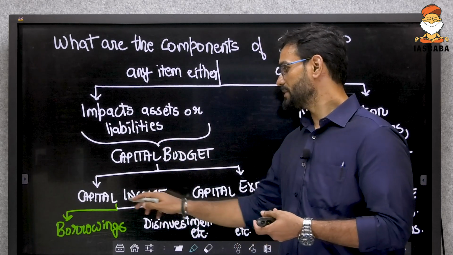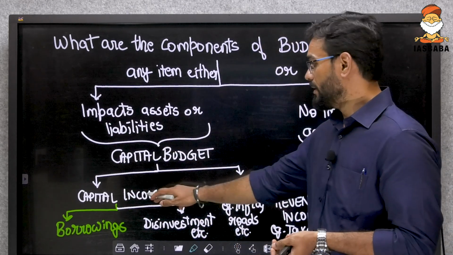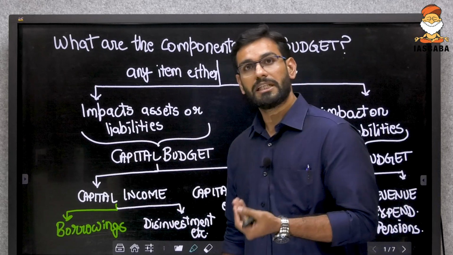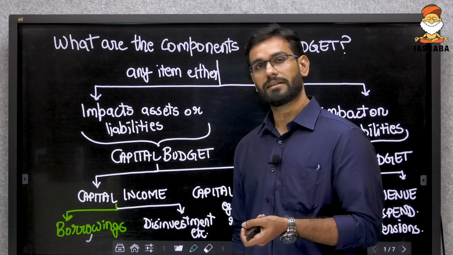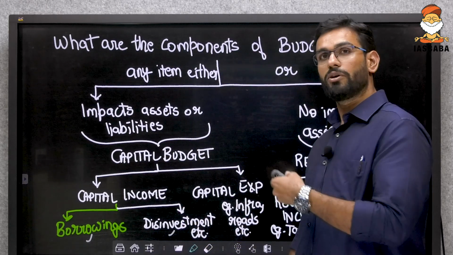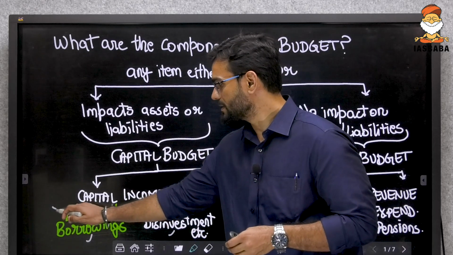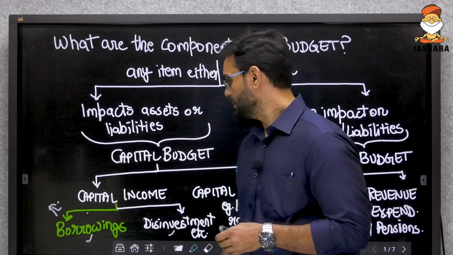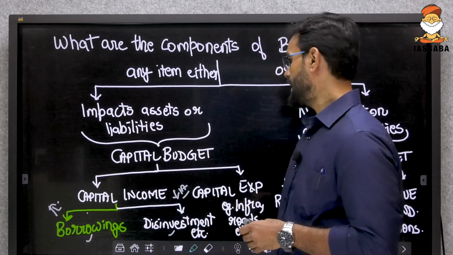So in the capital budget there will be capital income and capital expenditure. In capital income, some money will come through debt or borrowings. So this is your debt income. And some money will come from your assets, or it will decrease your assets. The first will increase your liability, and this will decrease your assets.